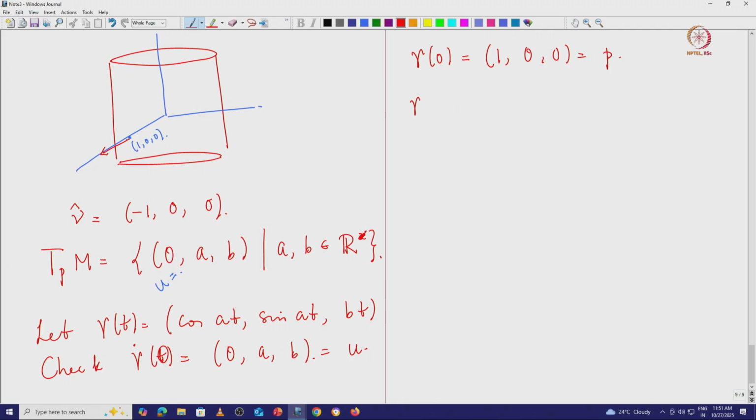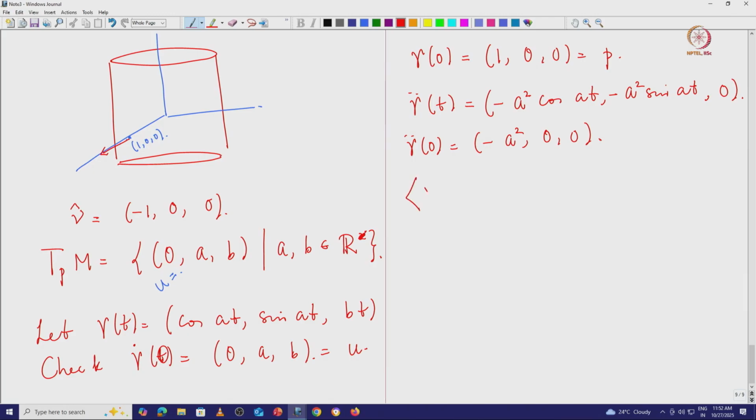So now we compute the acceleration vector. By simple calculus, the acceleration vector is given by this, which means if you plug in 0 you are going to get (-a squared, 0, 0).